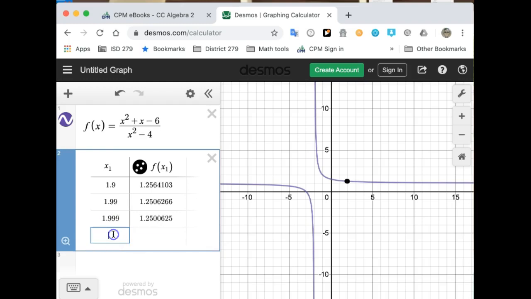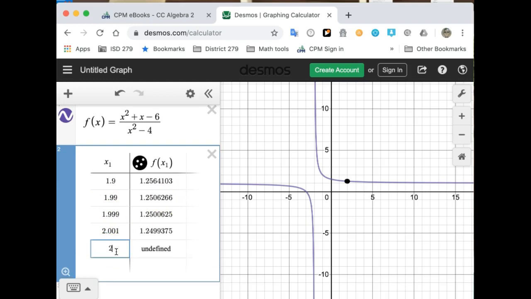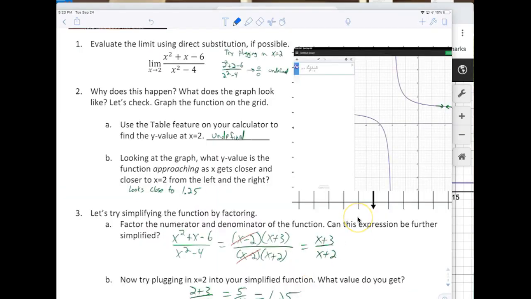It looks like we're getting close to 1.25. We might try something like 2.001 so we can see the limit from the right and from the left. And it seems rather convincing that 1.25 is our limit, but that's hardly a proof. And that's what we're going to want to do with algebra.